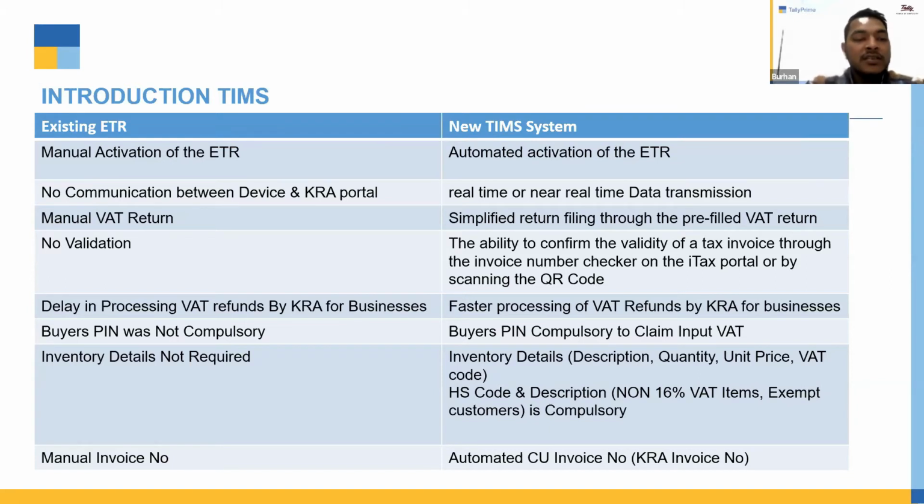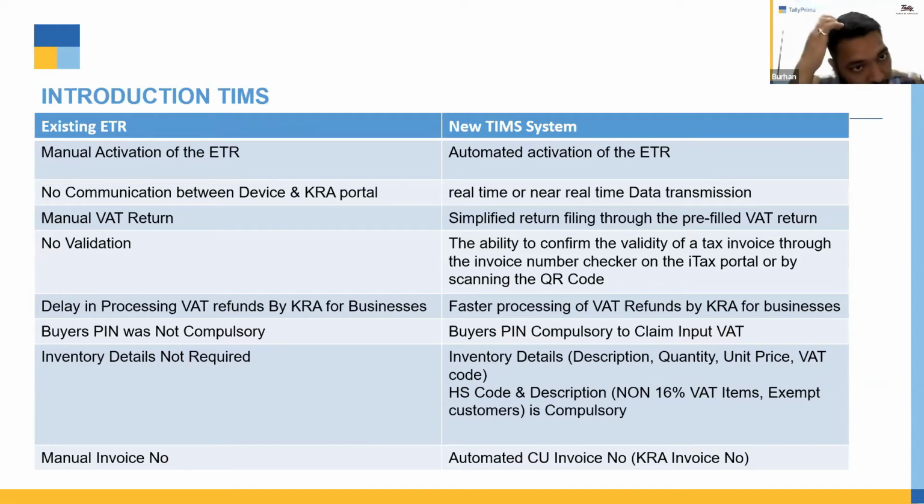Another difference is delay in processing VAT refunds by KRA for businesses. On the new TIMS, it's much faster, you can get much faster refunds. On the old ETR, the buyer PIN was not compulsory. On the new TIMS machine, the buyer PIN is compulsory to claim VAT.